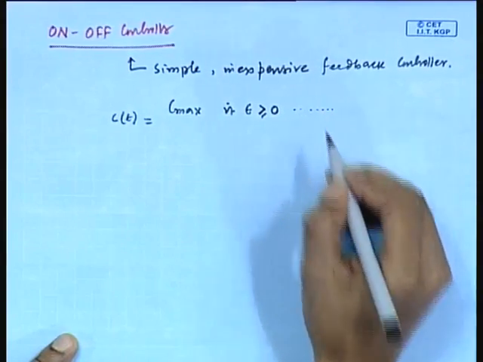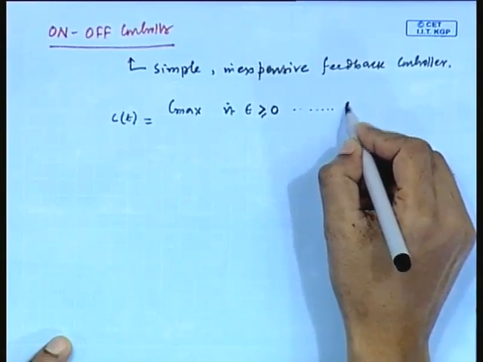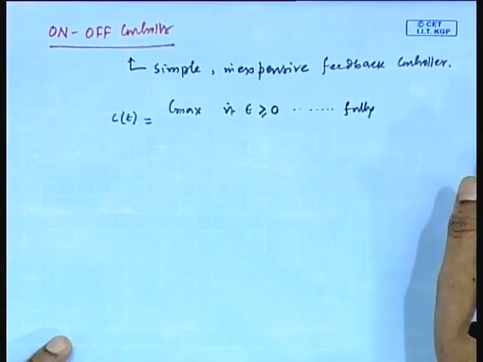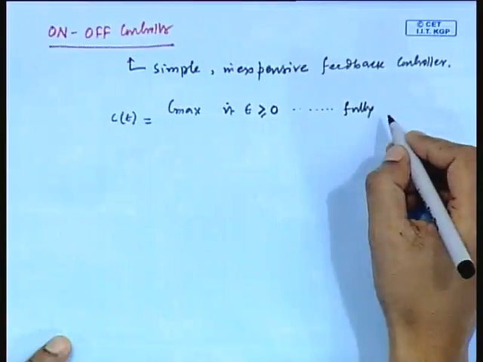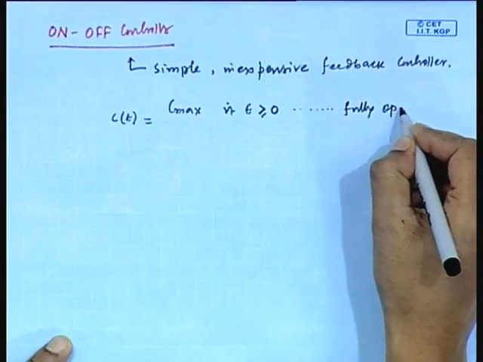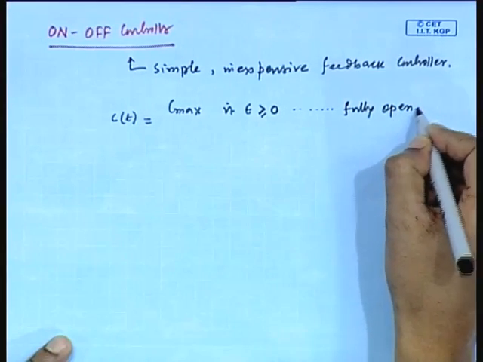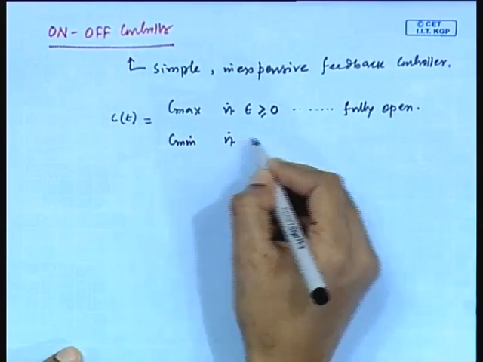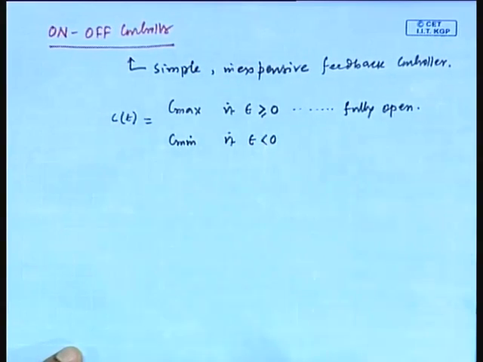That means, if you consider a control valve as a final control element, then Cmax indicates full opening of the valve, 100% opening. Similarly, Ct becomes Cmin if error is less than 0.